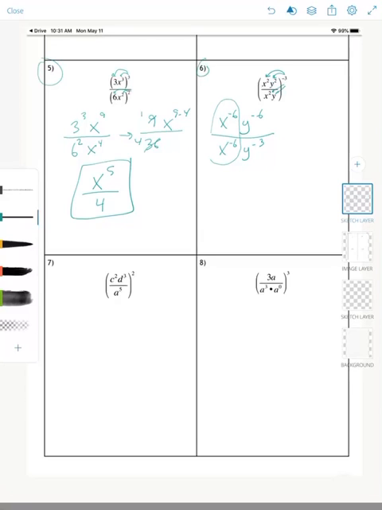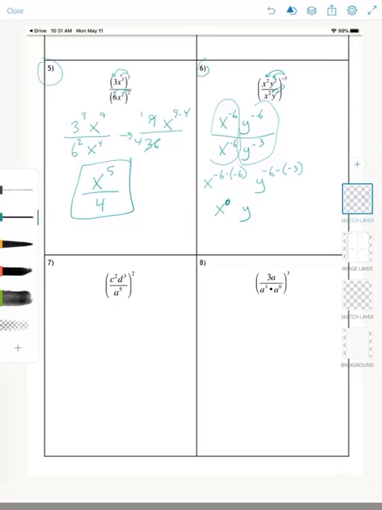All right, well, here we have division and division, so we'll subtract exponents. So we get x to the negative 6th minus negative 6th, y to the negative 6th minus negative 3. Well, negative 6 minus negative 6 is negative 6 plus a positive 6, so that's x to the 0.